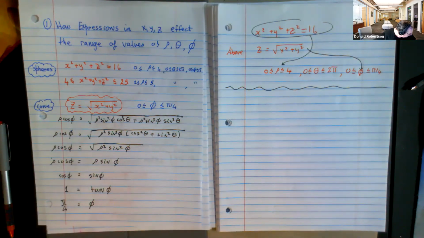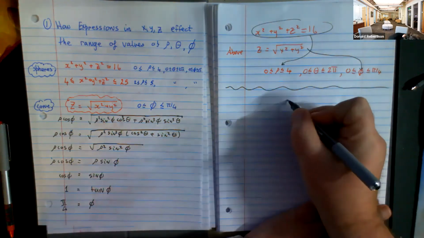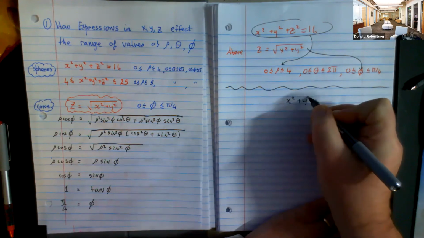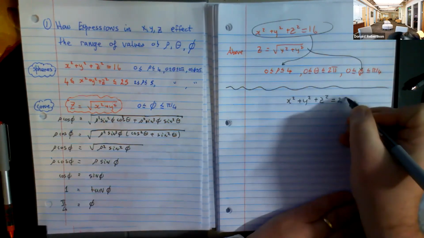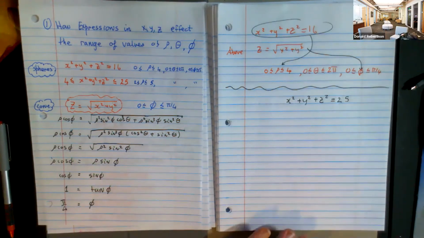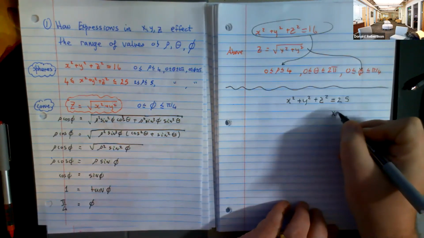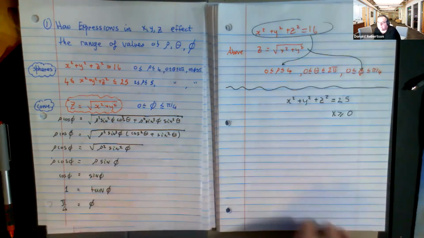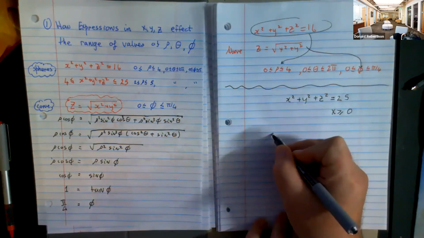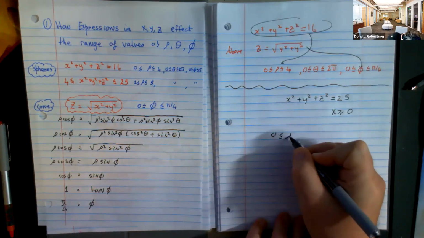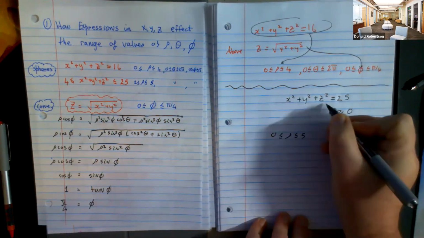So how about a sphere that looks like this and that restriction? Okay, the sphere is going to generate that guy.